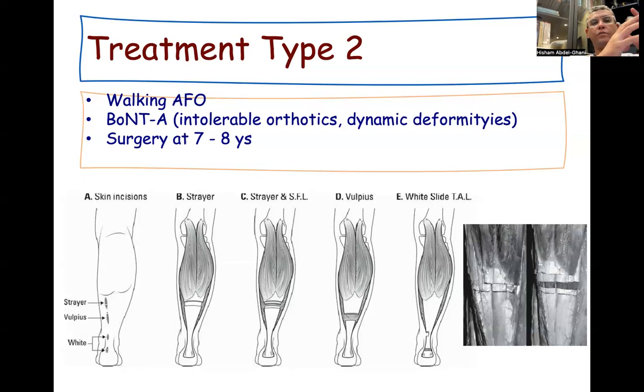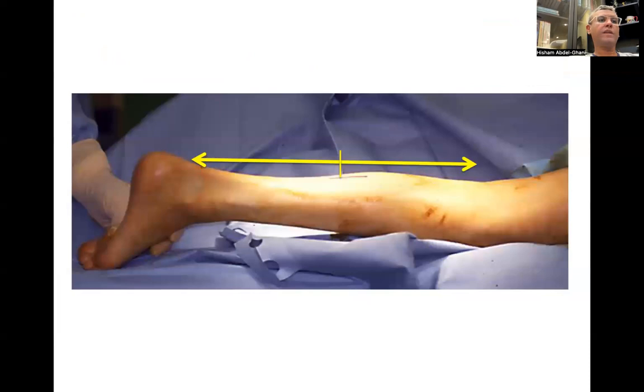If we have mild deformities and mild equinus deformity in a young child, we have to wait and not hurry to release the plantar flexors, because repeated surgery will produce long-lasting weakness of the plantar flexors.